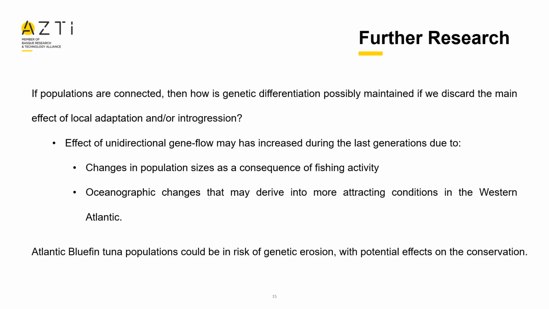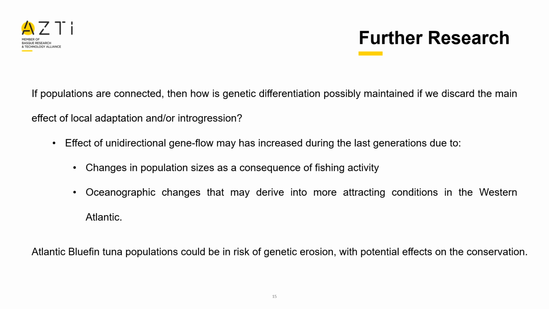This work leaves the door open for some hypotheses. After we discarded local adaptation or genetic introgression as the main isolating factors generating genetic differentiation, another plausible reason for what we observe is that the effect of this unidirectional gene flow has increased only recently.